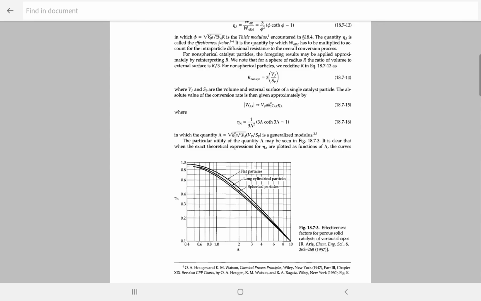And it basically shows that the equations that we gave earlier are applicable for the intermediate values of the generalized modulus.